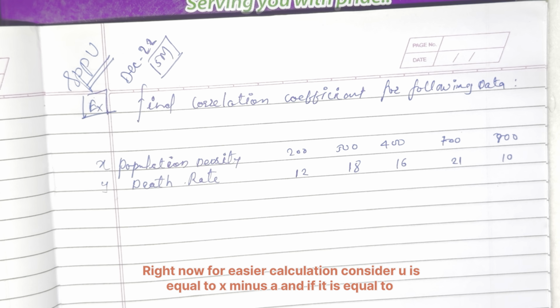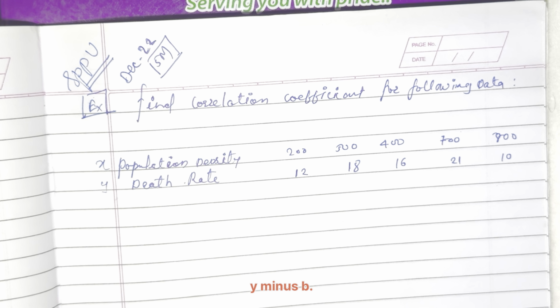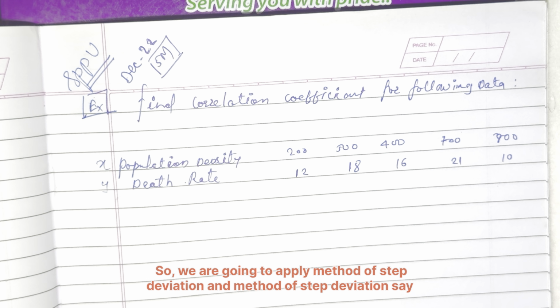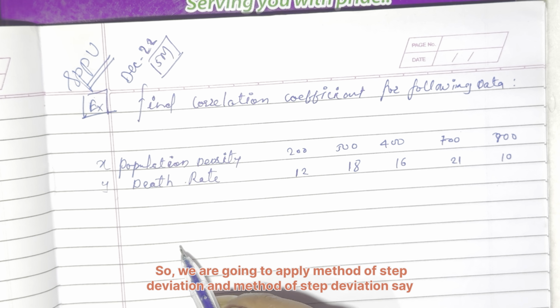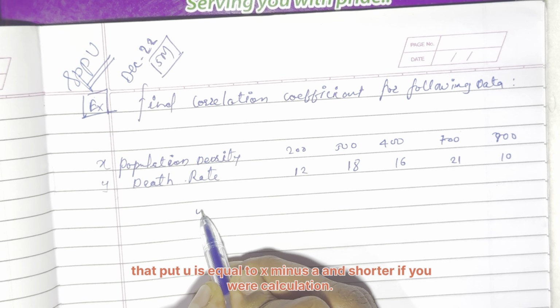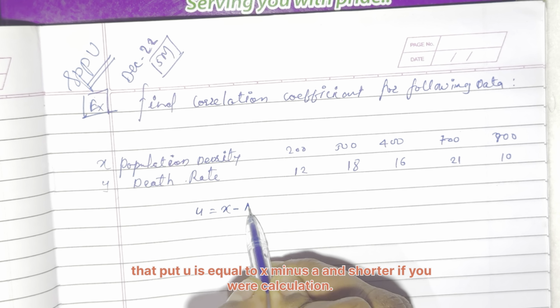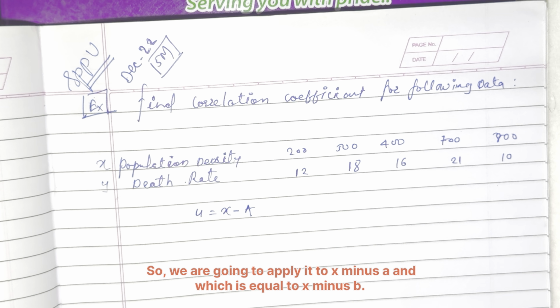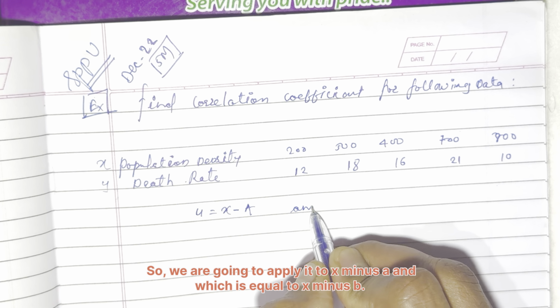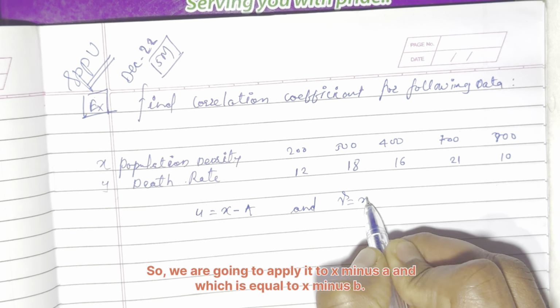Right now, for easier calculation, consider u is equal to x minus a and v is equal to y minus b. So we are going to apply the method of step deviation, which says put u equal to x minus a and v equal to y minus b, to shorten your calculation.